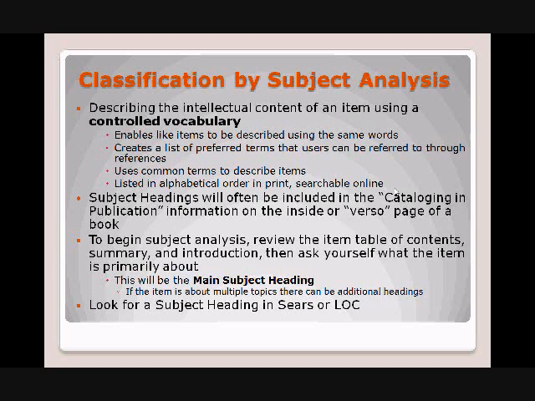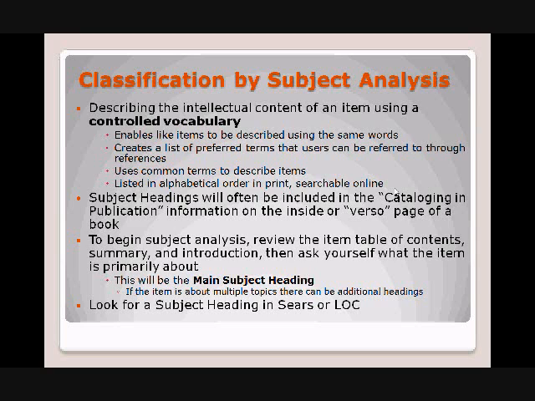You review the item, the table of contents, the summary, the introduction, and then you think a bit about what the item is primarily about. Because what this item is primarily about will be the main subject heading for the item, and that's very important for nonfiction items because the main subject heading determines the classification number. In other words, the Dewey classification.